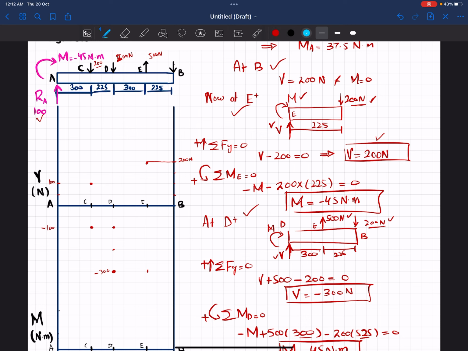From A to C it is a constant line. From C there is a vertical line, and from C to D it is a horizontal line.